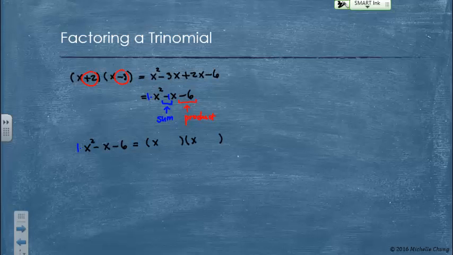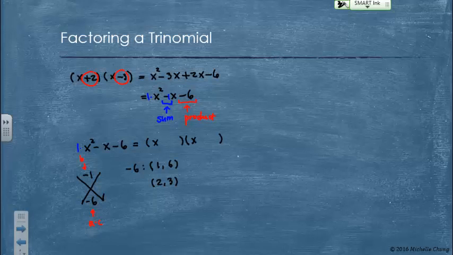So usually I just draw one big x, and on the top I put b, on the bottom I put a times c. In this case, 1 times negative 6. So this 1 is b, and this negative 6 is a times c. Then think about pairs of factors, in this case of 6. So 6 is 1 times 6 and 2 times 3.